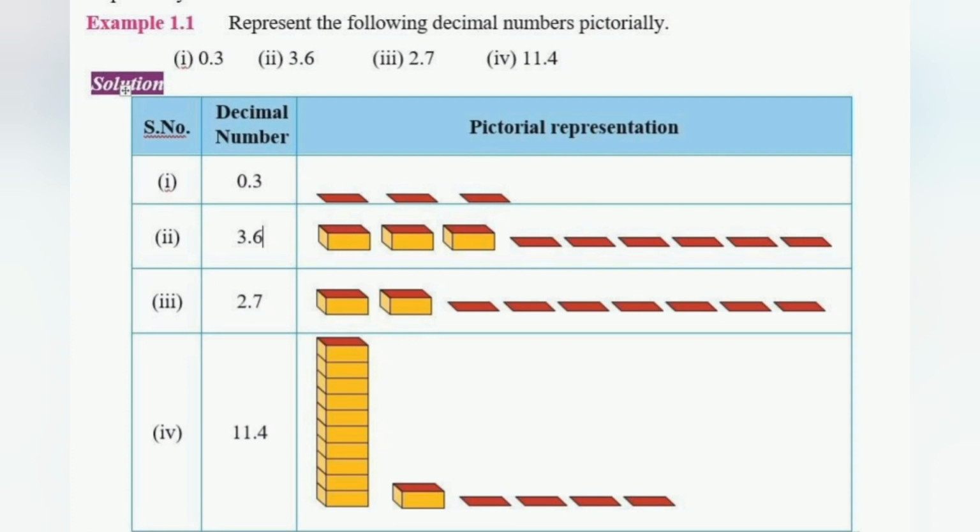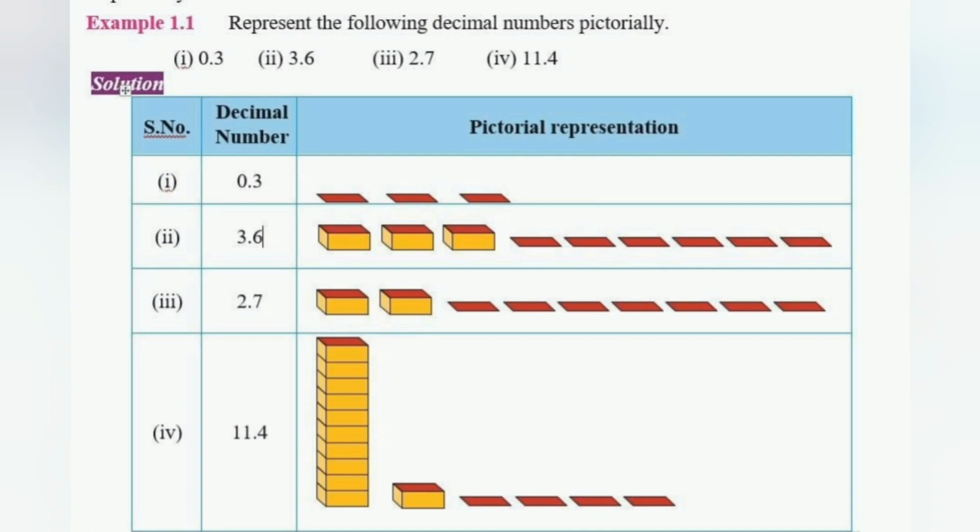You can see 3 tenths in this, and there is no ones block and no tens column block. So we have to put 0 in the whole number part, and in your fractional part you will get 3. Similarly, we'll go on to the next sum.